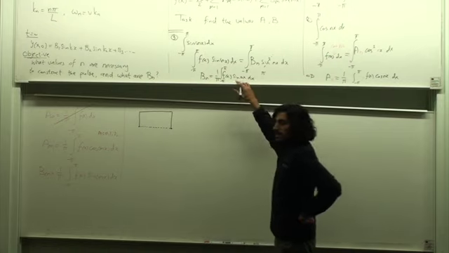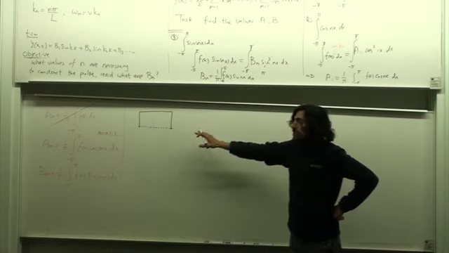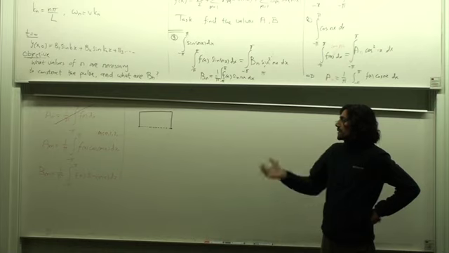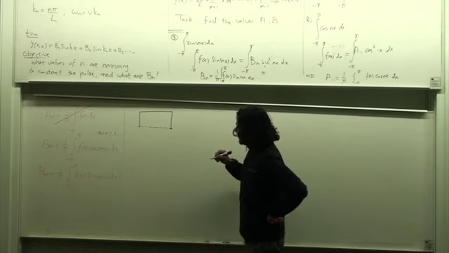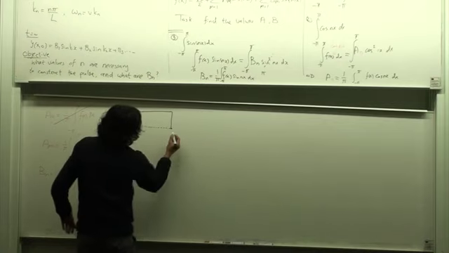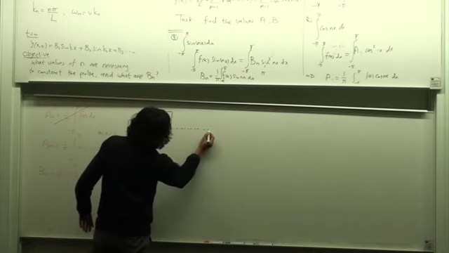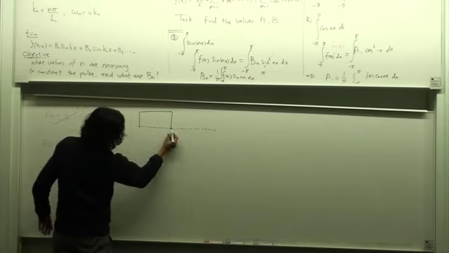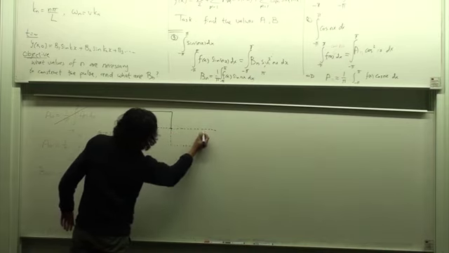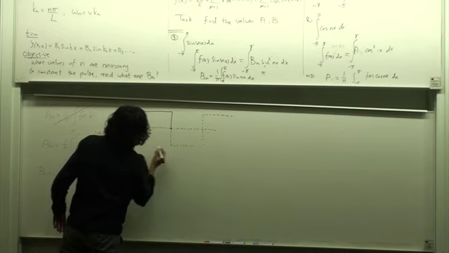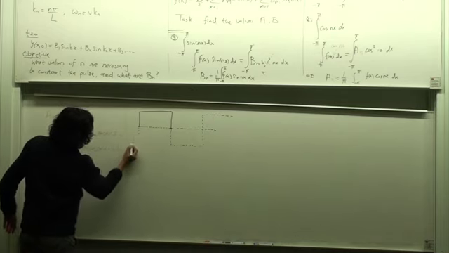Now the Fourier analysis is about periodic functions, and there is no periodic function here. So the first thing that we want to do is to create a periodic function, and that's fine. I can do something like this. Now we have a periodic function.